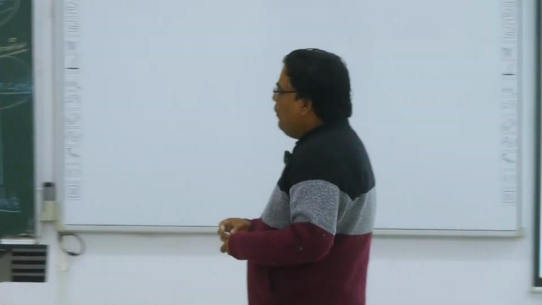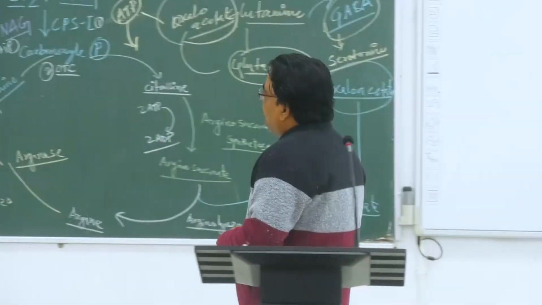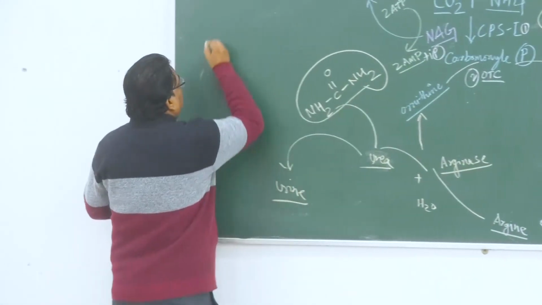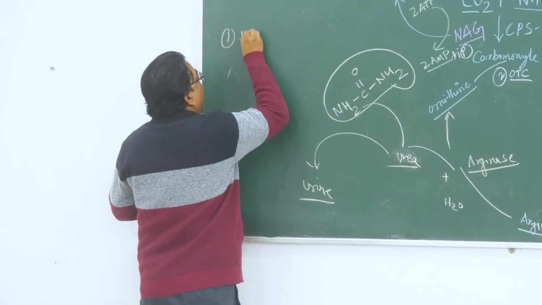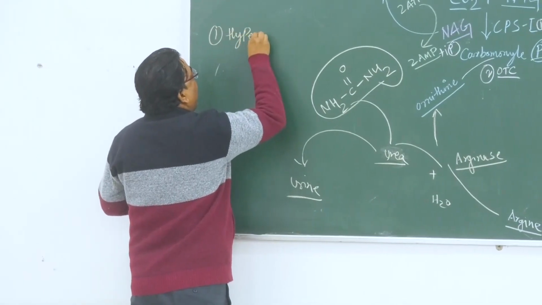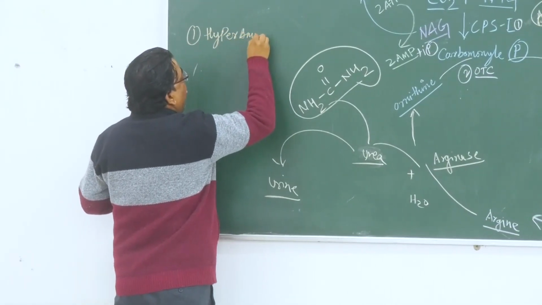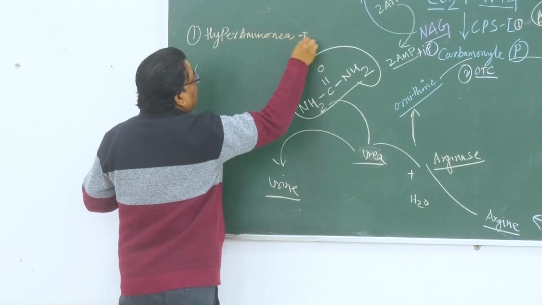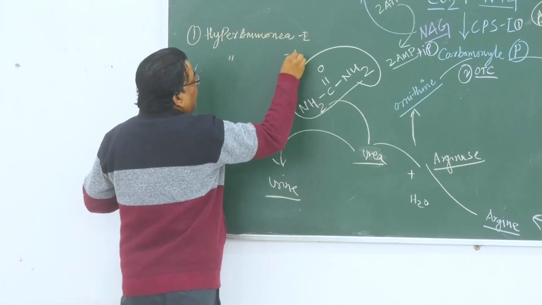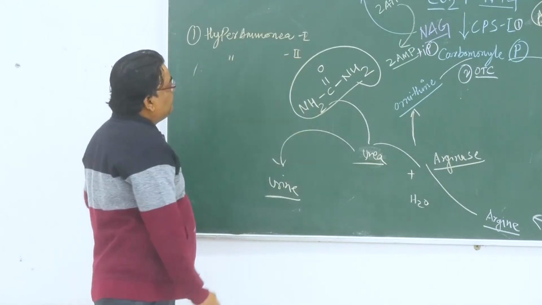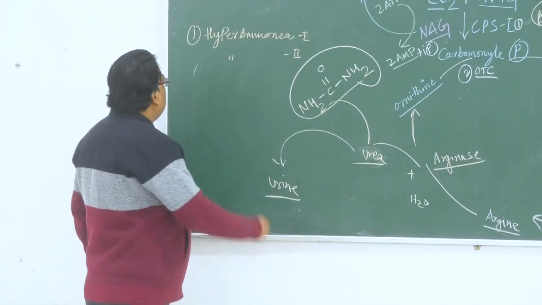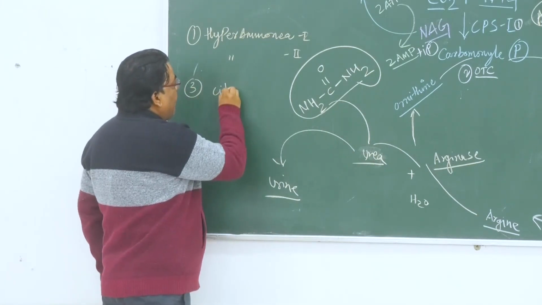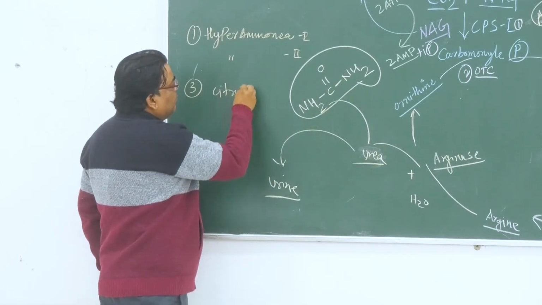brain. Now, if we discuss the disorders of the urea cycle, the first disorder is hyperammonemia. Second, third one, citrullinemia. Keep watching and keep writing.